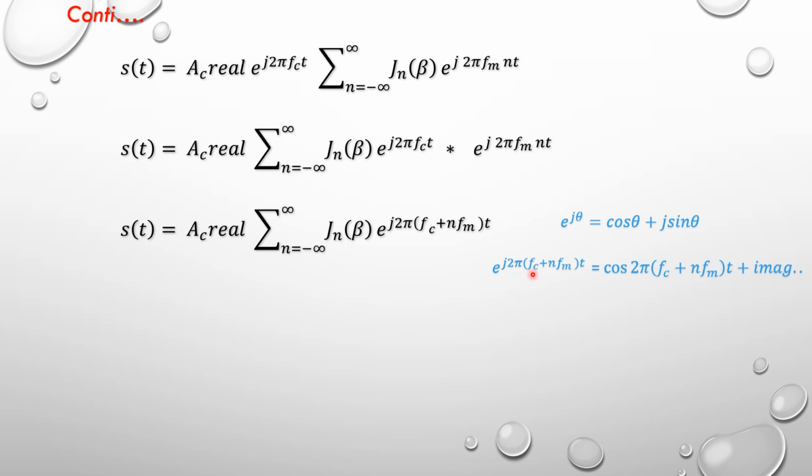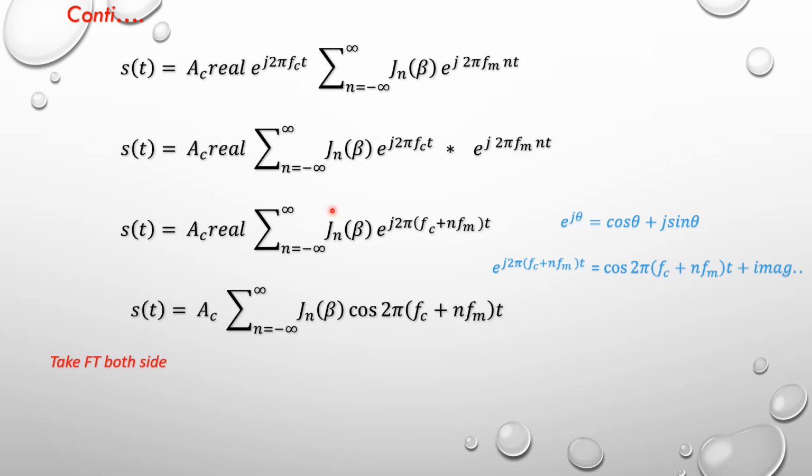So e to the power j 2 pi (fc plus n fm) t is equal to cos 2 pi (fc plus n fm) t, and this is the real value; just neglect the imaginary values. So S of t is equal to Ac summation from n equals minus infinity to infinity of Jn of beta, cos 2 pi (fc plus n fm) t. Just replace the exponential terms with trigonometric functions. So this is the time domain equation.